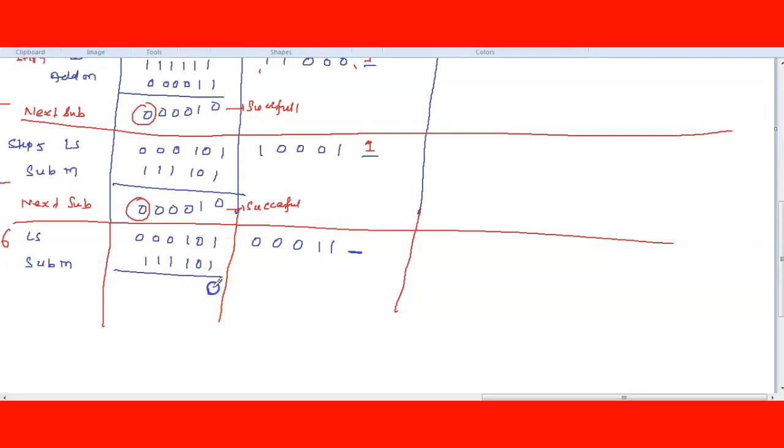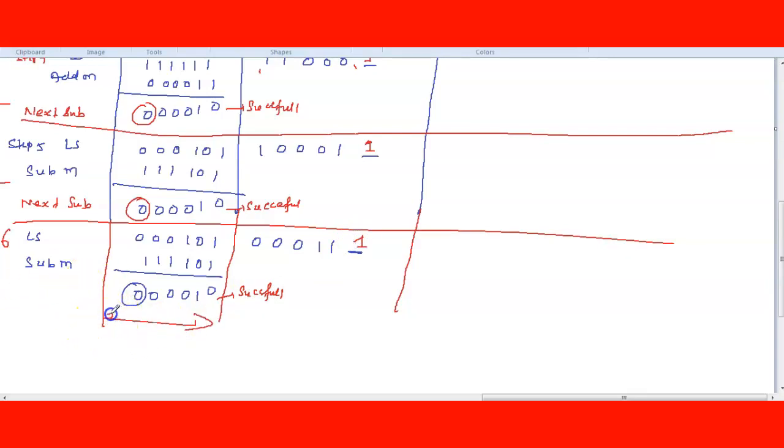So 1 plus 1 is 0 carry 1. 1 plus 1 is 0 carry 1, and so on. So this is also a positive number, because the MSB is 0. Since the MSB here is 0, this is successful. So the quotient bit will be 1. Now step 6 is over.